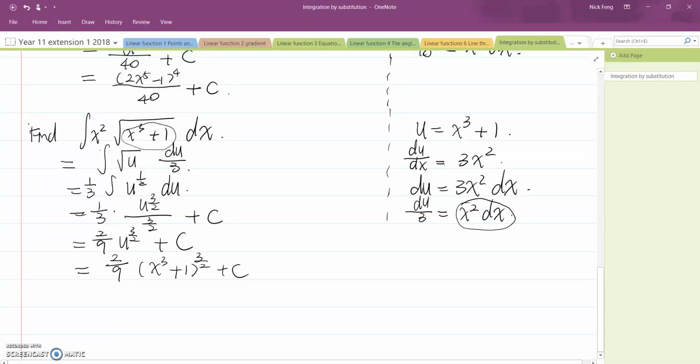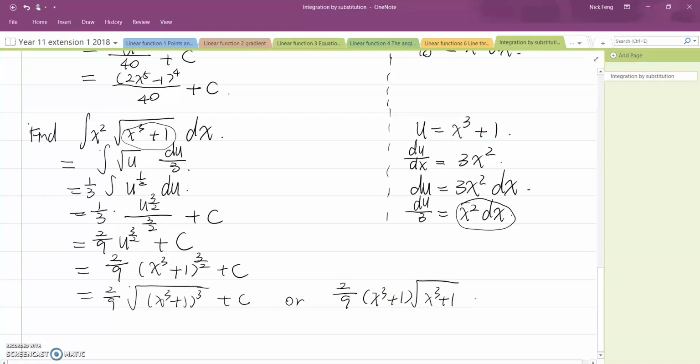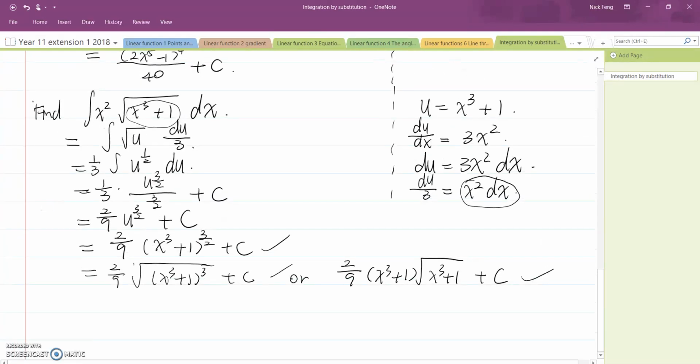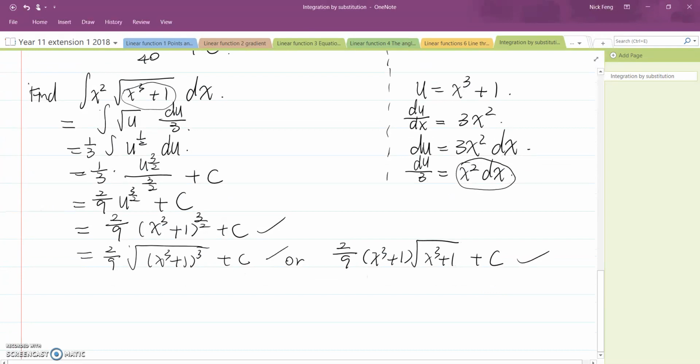You can put it into index form, or you can write it as the cube of the square root of x cubed plus 1 plus c, or you can do 2 over 9 and take it out. It's up to you. They're all valid answers, depending on what the question is looking for. And that is the technique of using integration by substitution.